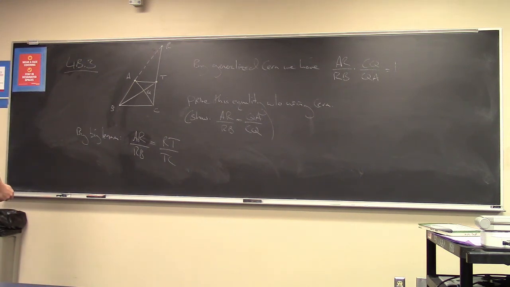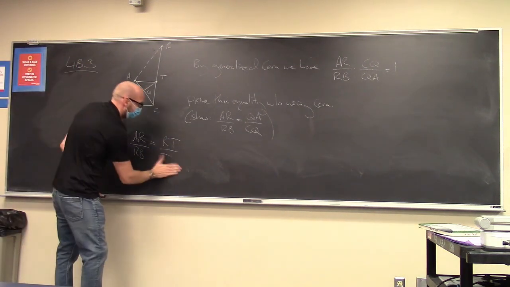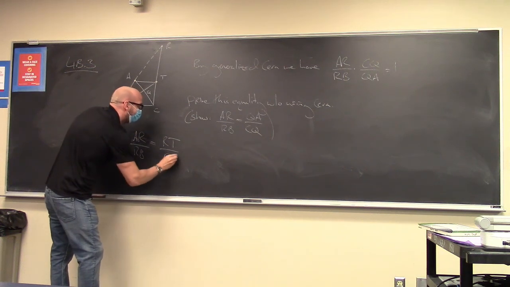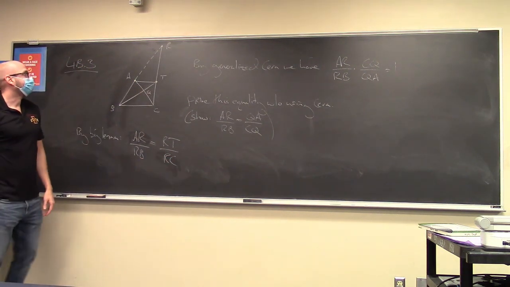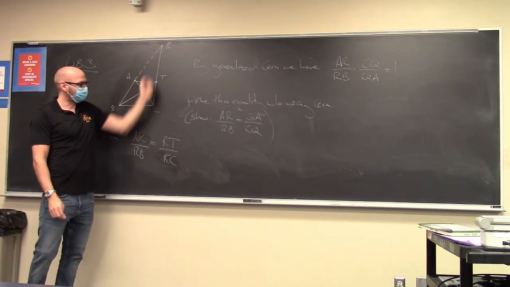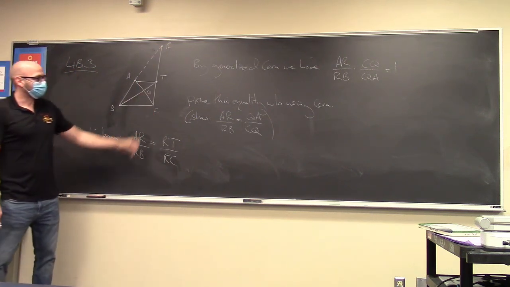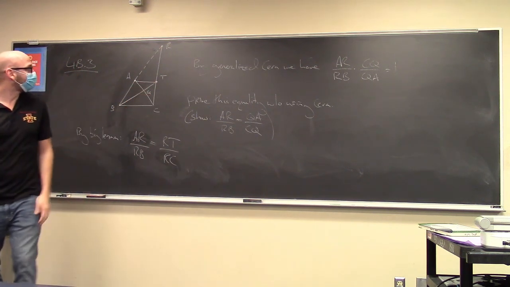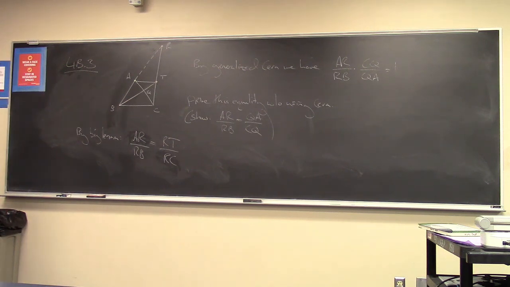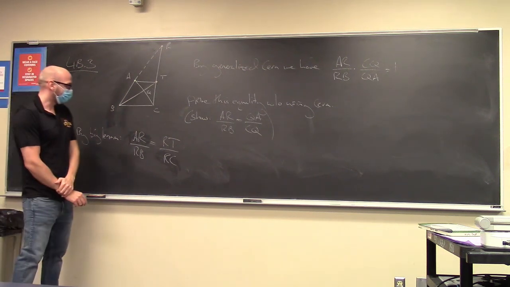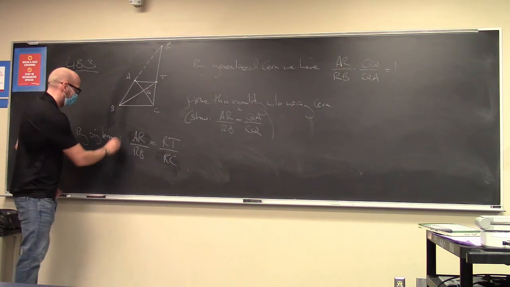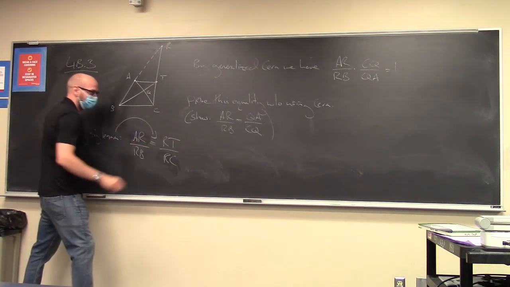RC, yes, thank you. It's the shorter side over the whole thing. You get so used to doing Chevian products. Yes, it's over RC. Okay, so that's by our big lemma. Maybe I should point out that it's only going to refer to this equality because I'm going to keep going.